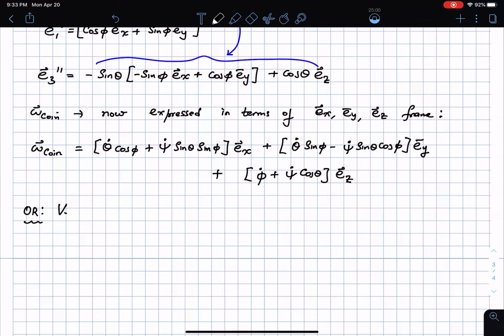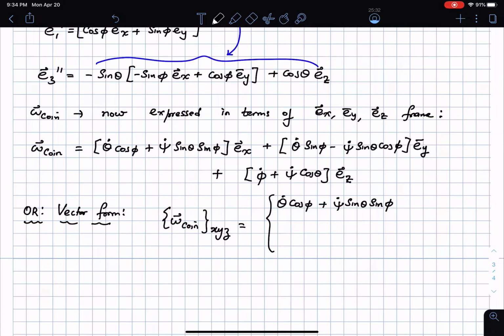Or in the vector form, omega coin with respect to the x, y, z coordinate frame is going to be the following. It's going to have three components. This is going to be theta dot cos phi plus psi dot sin theta sin phi.